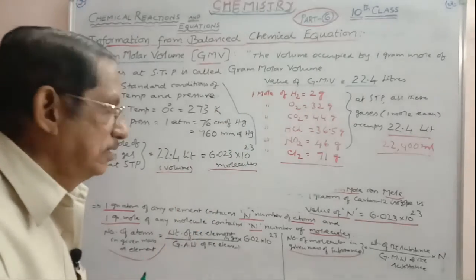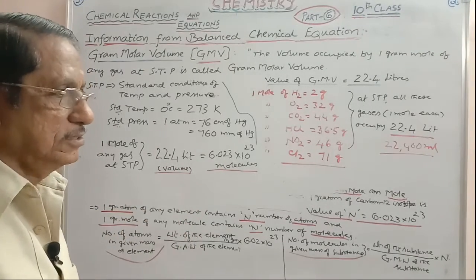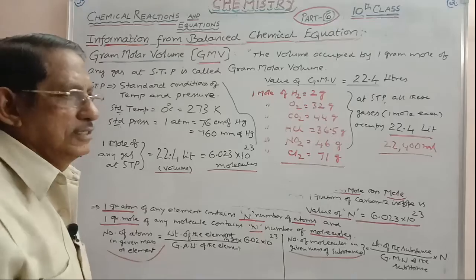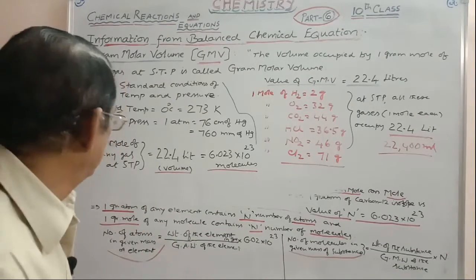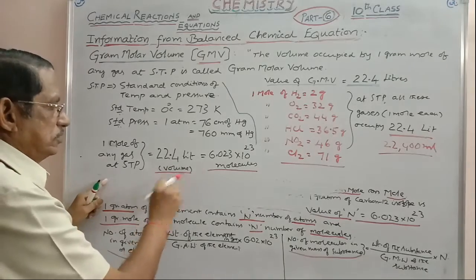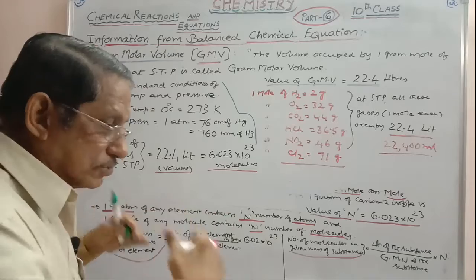If you take 6.023 into 10 to the 23 molecules at STP for any gas, that is equal to 22.4 liters. That is equal to 1 molar mass. So this is the weight, this is the volume, this is the number of molecules. The weight, volume, number of molecules relationship is also there.